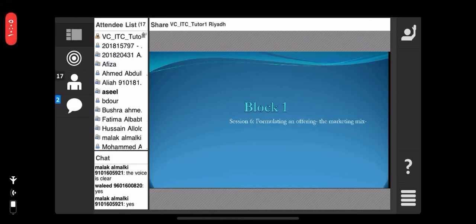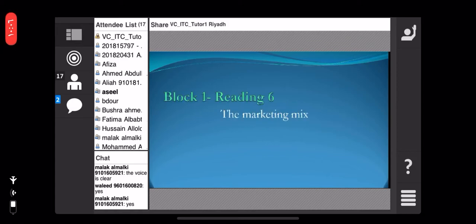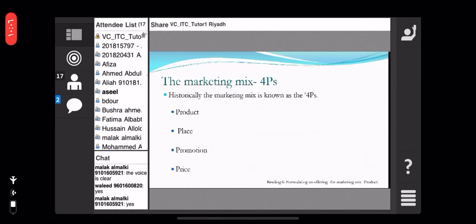Marketing mix we usually call integration of marketing, or we also call marketing and integration. The marketing mix, 4 P's. Okay, marketing mix contains 4 P's. We call it 4 P's.